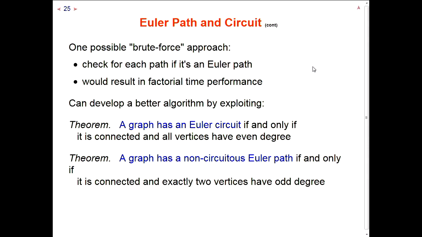What can we say about trying to find out whether a graph admits an Euler path or an Euler circuit? Now there is a simple possible brute force approach. Just like with the Hamiltonian paths, you look at all possible paths and check whether they satisfy the requirement that every edge has been visited.